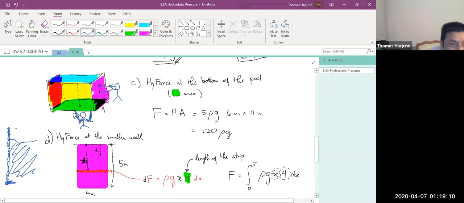If I have a very tall wall and you fill it with very tall water, there's a chance that this wall collapses because of the force of the water applied on it.